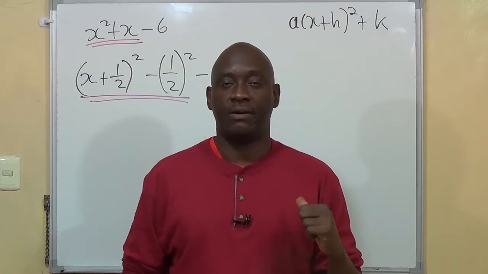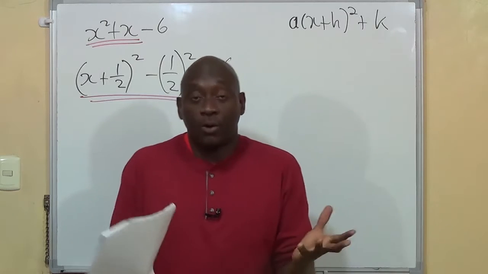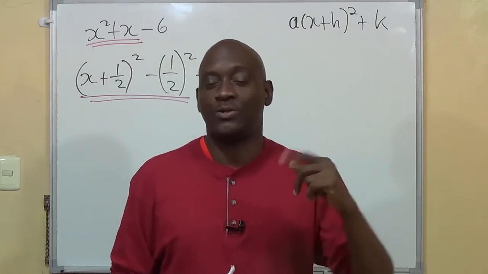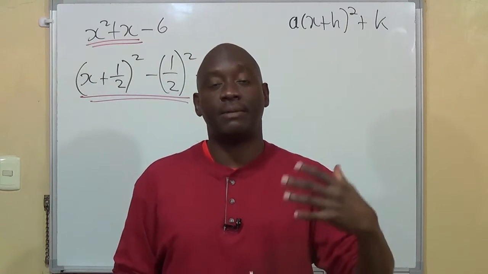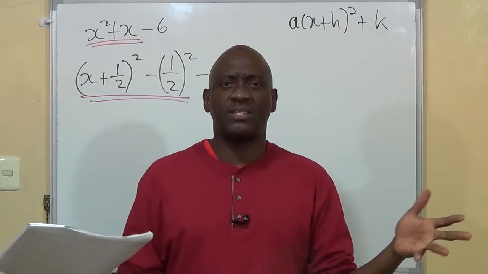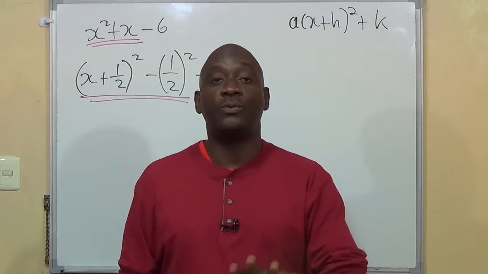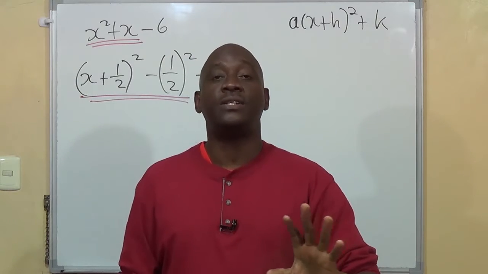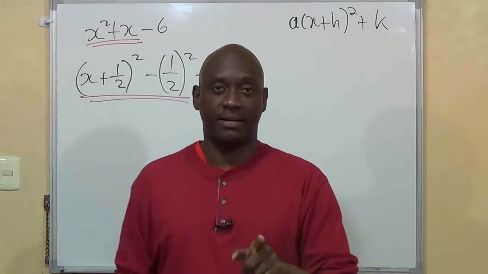Follow what I am doing by all means, and listen carefully so that you can understand the method I am applying. But we're not discouraging anybody from doing whatever works for them. If it works for you, go right ahead. Just make sure you do it correctly and get the correct answer.